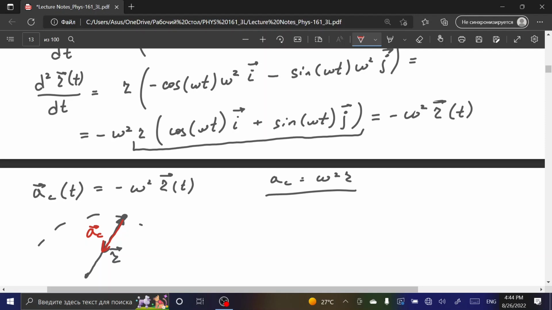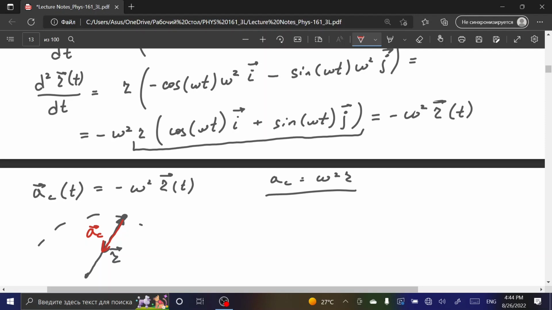So in order to get an analytical equation for centripetal acceleration, we introduced two parameters for circular motion, which are period and angular velocity. The unit for angular velocity is radians per second.